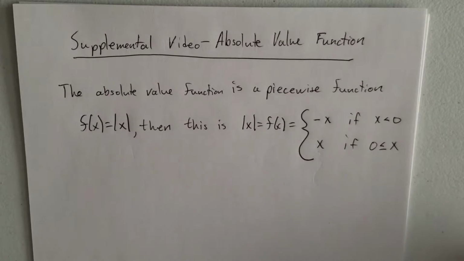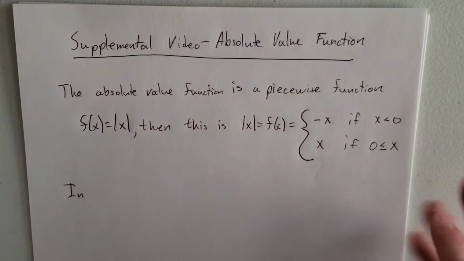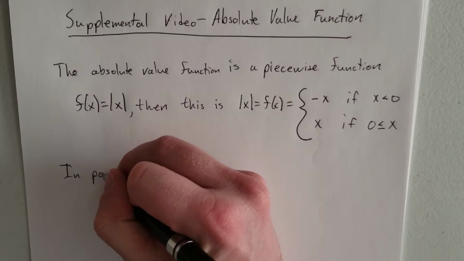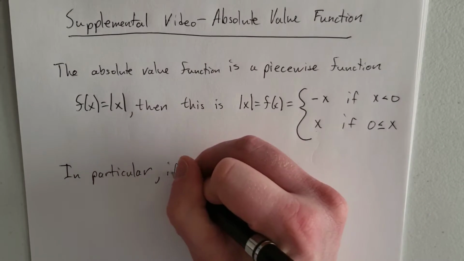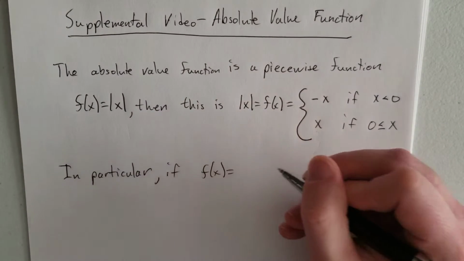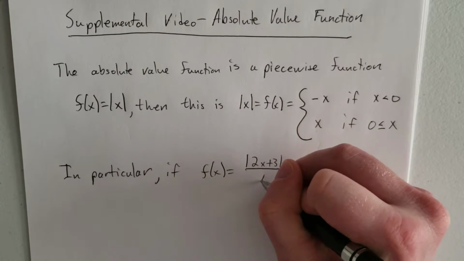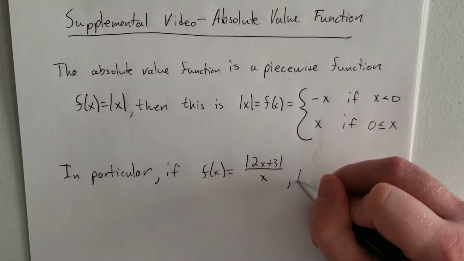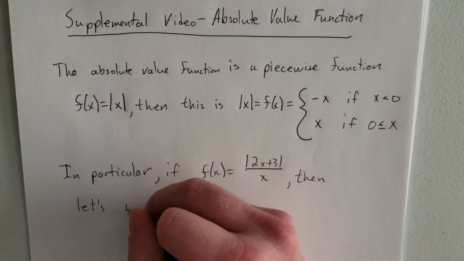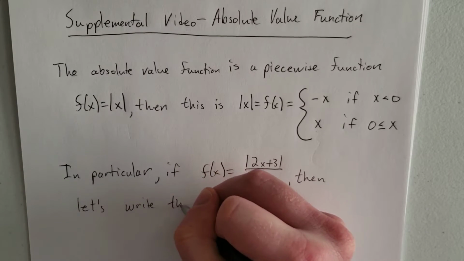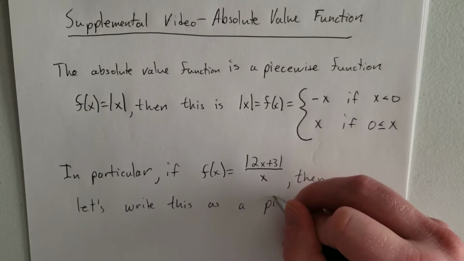So how do we use that in practice? Well, we can have a specific example here. In particular, if f of x is equal to the absolute value of 2x plus 3, all divided by x, then let's write this as a piecewise function.